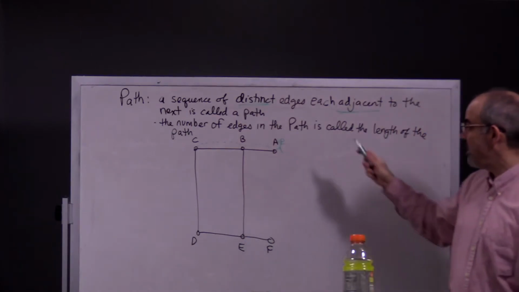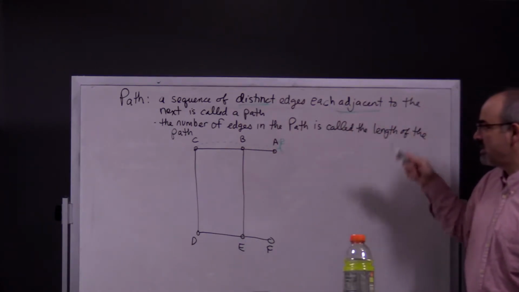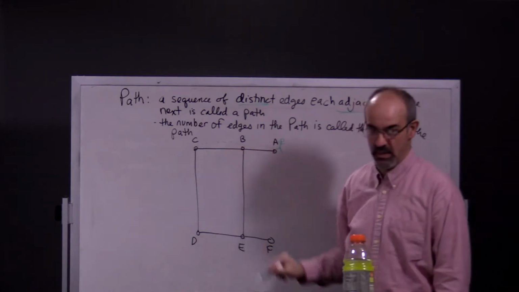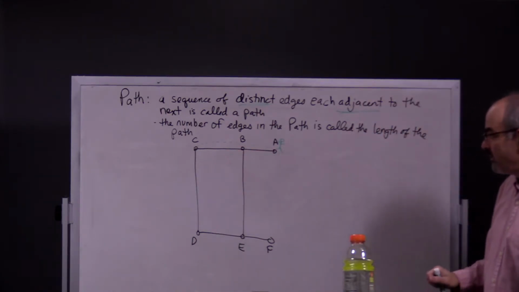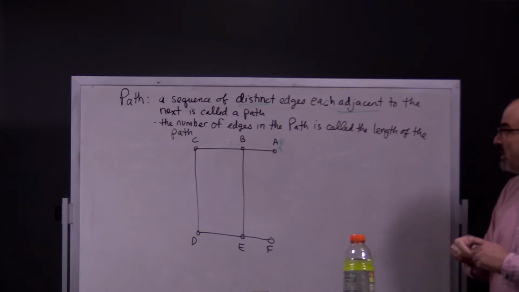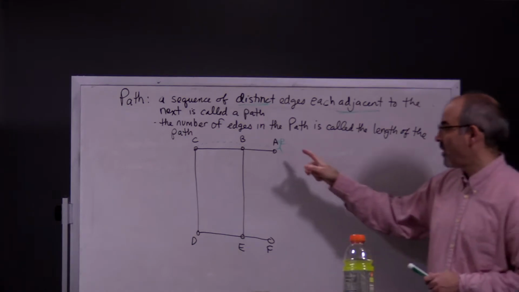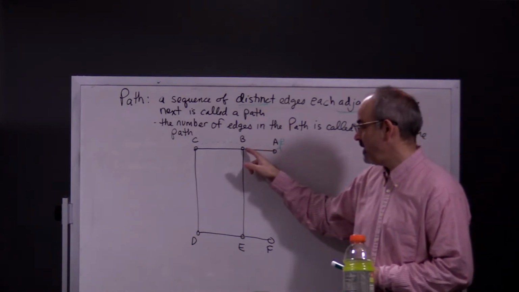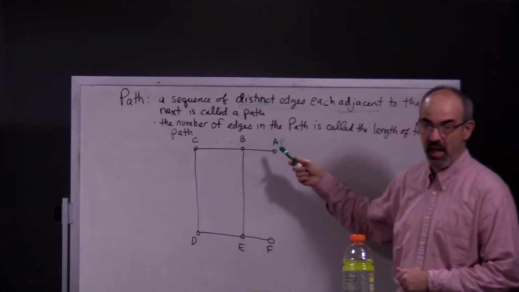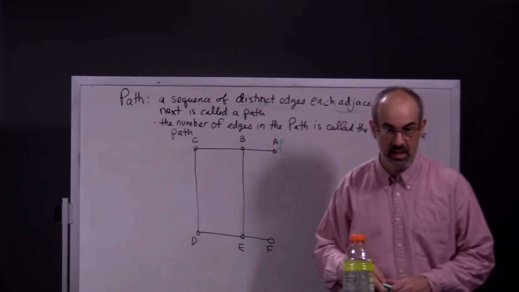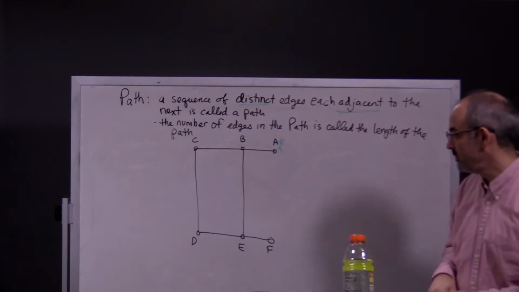It's a sequence of distinct edges, each adjacent to the next. Now, the number of edges in a path is called the length of the path. So this has two edges, AB and BC. So this path that I drew here, from A to B, B to C, has a path length of 2.